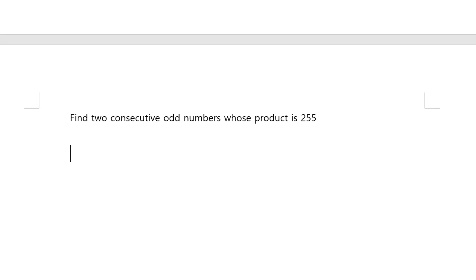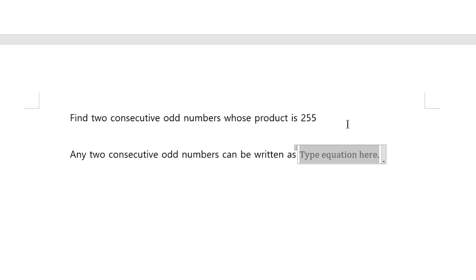So any two consecutive odd numbers can be written as x and x plus 2 for some x.